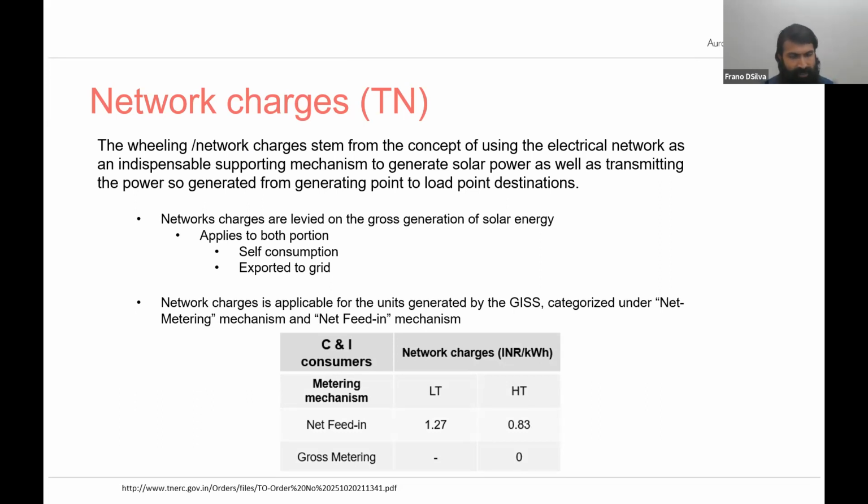As represented in the table, no network charge is levied for the gross metering mechanism in Tamil Nadu. Here, I would also like to inform that Tamil Nadu is the only state in India right now that is applying network charges in its energy accounting procedure.